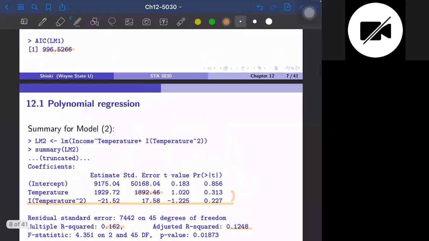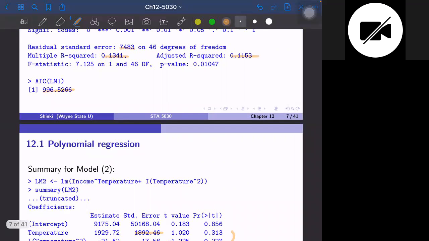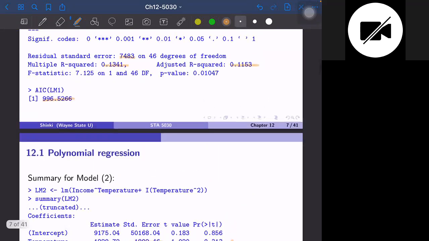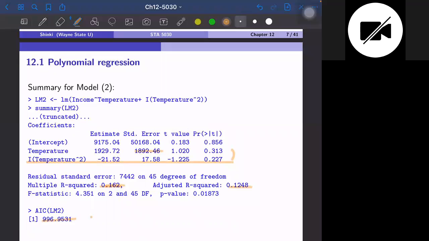These are actually slightly better. Obviously the multiple R squared is always better for a larger model, but the adjusted R square is slightly better. But if we calculate AIC, which is basically a measure of prediction performance, actually it's 996.9, that is larger, so that is worse. AIC smaller is better. AIC is basically negative 2 times log likelihood plus some adjustment term.